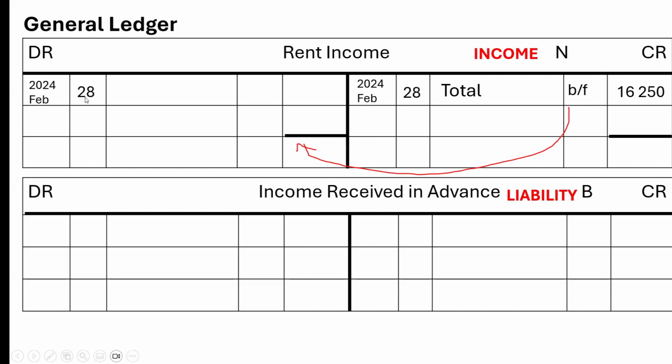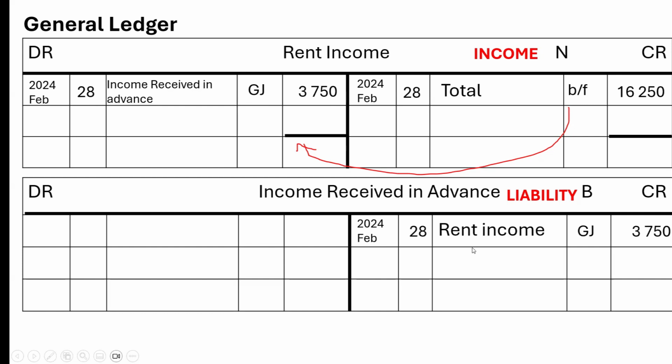So take February 28, income received in advance, general journal, 3,750. So I take out what was paid in advance. And then it's as simple as saying every debit has a credit. So in my credit side of income received in advance, February 28, rent income, general journal, 3,750.